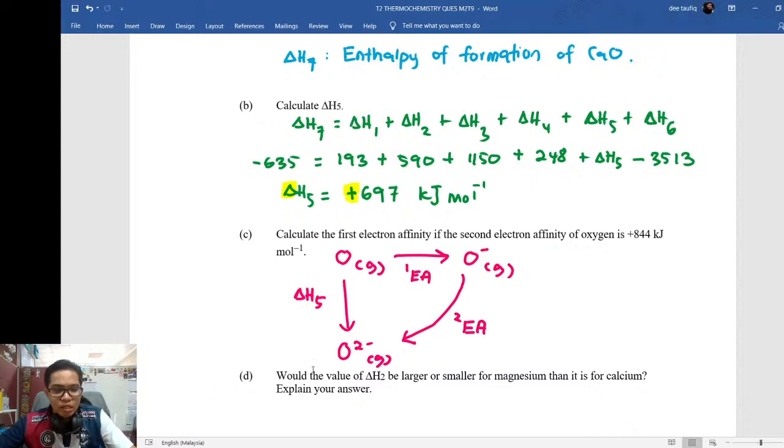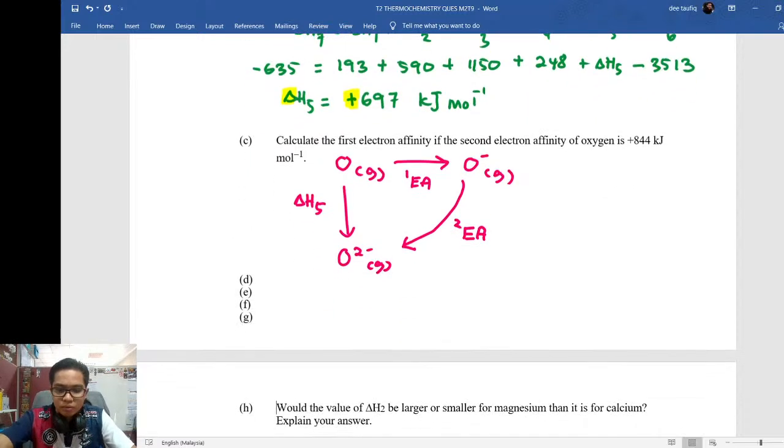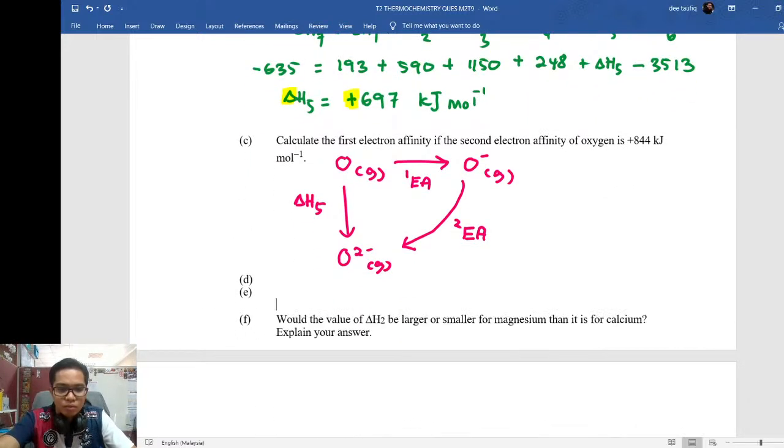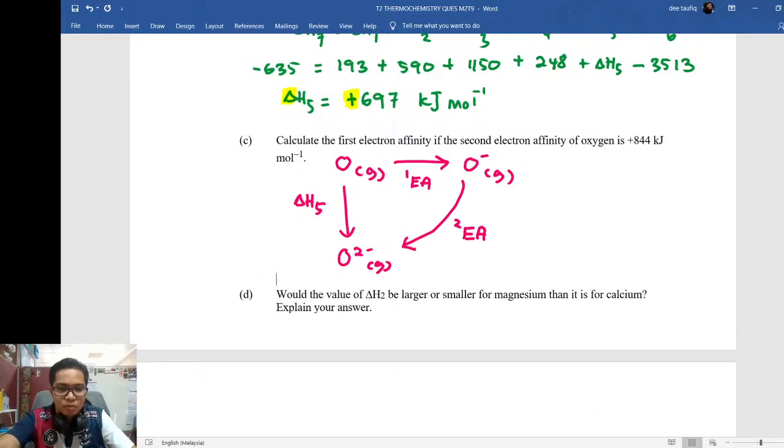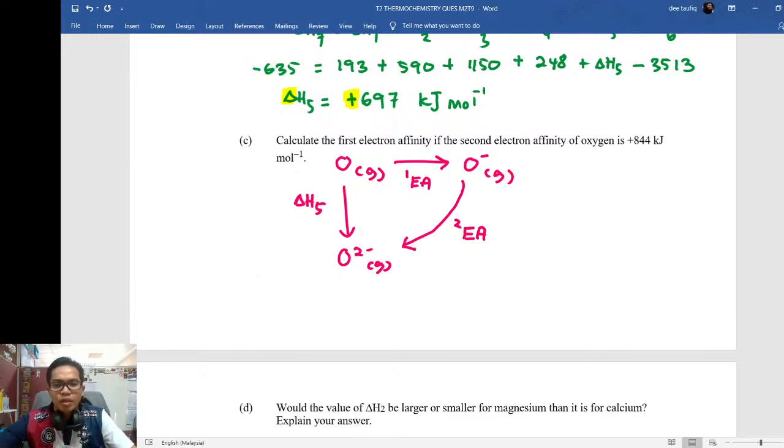And the question already gave the second EA for this question. Where is the first EA? The first EA is what we need to find, so this one is unknown.